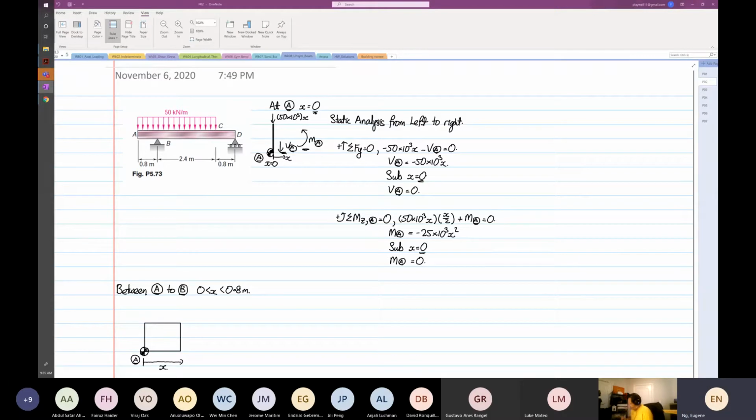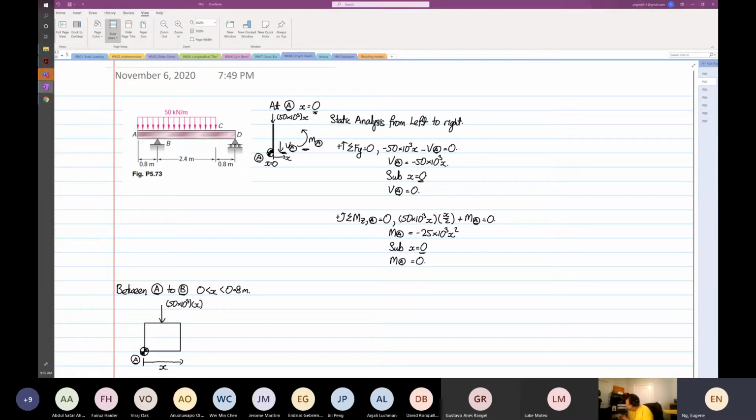is x now. Okay. Now, if we look at our equivalent load, we have our equivalent load coming down here. And this equivalent load is equal to 50 times 10 to the power 3 multiplied by what? X. Okay.